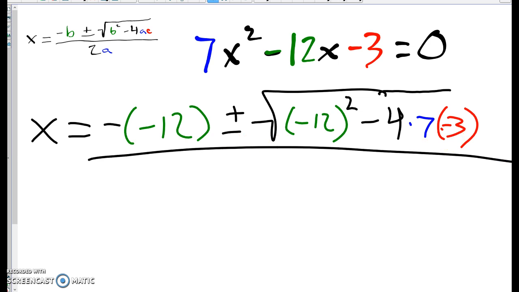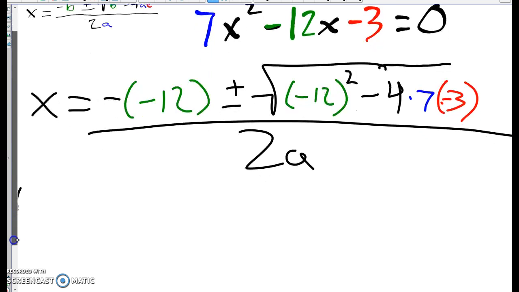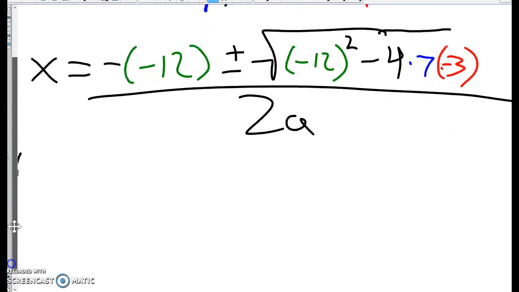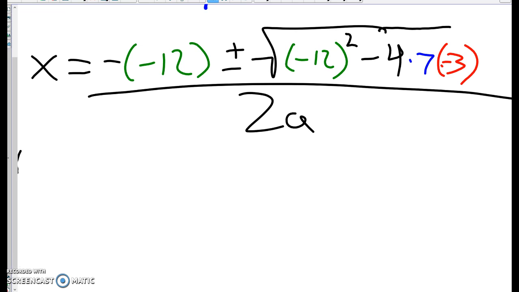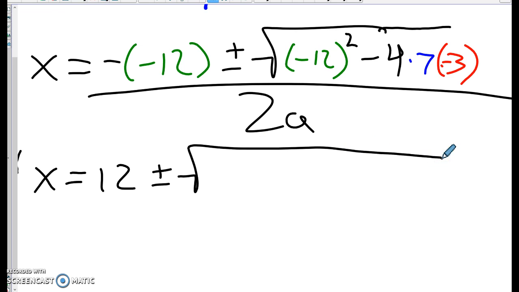All divided by 2a. And again, this is using your calculator from here, more or less. But your calculator is going to give you something, well, we'll see.